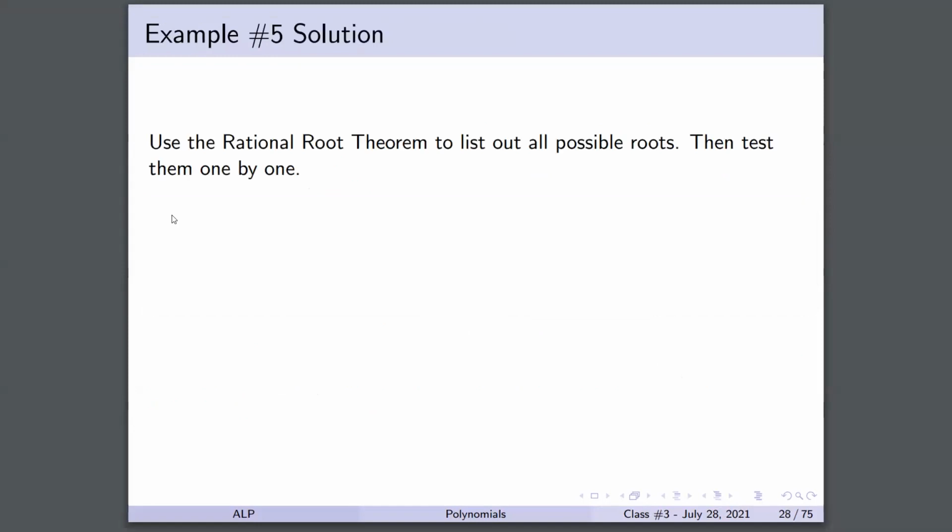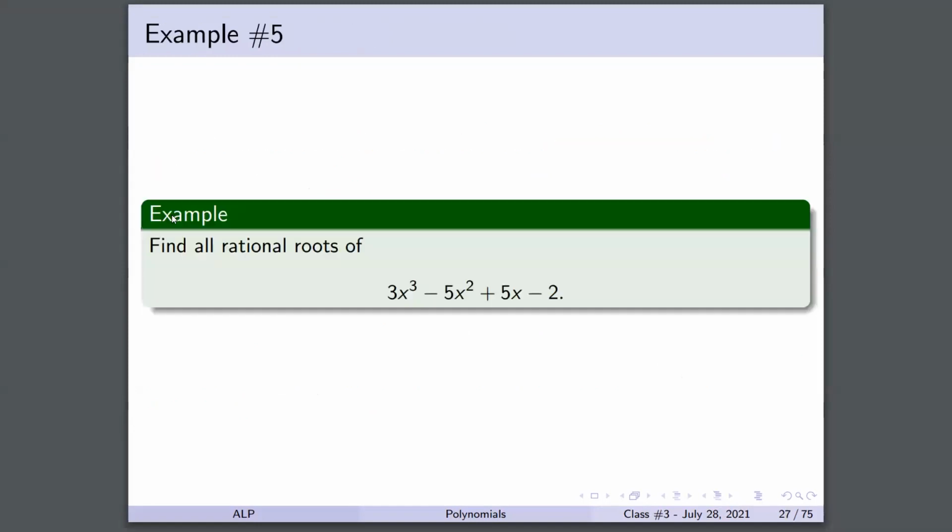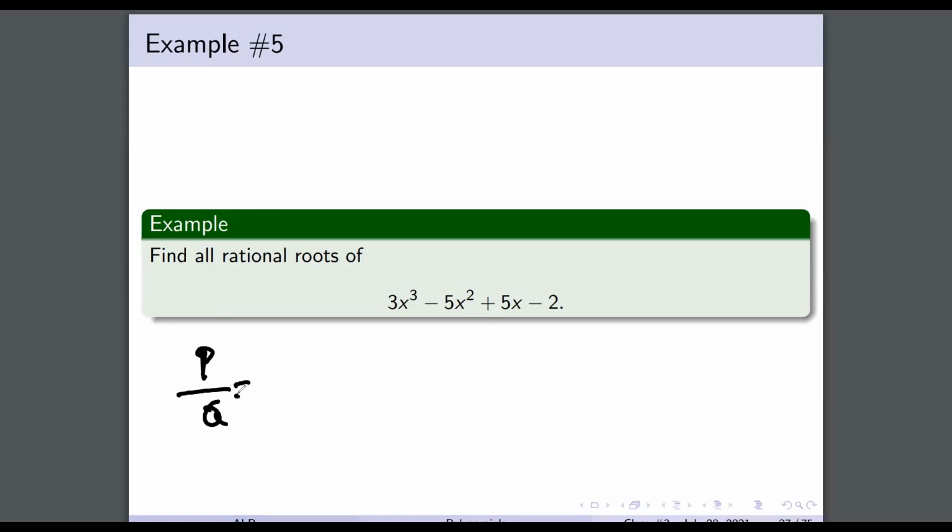So basically, we divide -2, and the things that divide -2 are -2, -1, 1, and 2. Things that divide 3 are 3, 1, -1, -3. So there will be 16 ways.